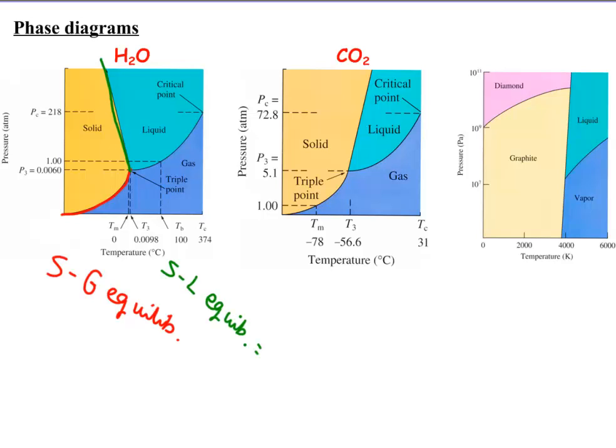This line is the solid liquid equilibrium, so that would be melting. So as the pressure increases, the temperature at which I need something to melt decreases. It's a solid line, and we'll talk about the way it's angled momentarily. This line is the liquid gas equilibrium. That would be boiling.